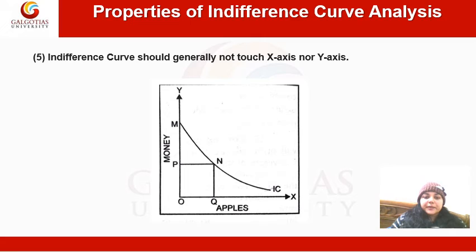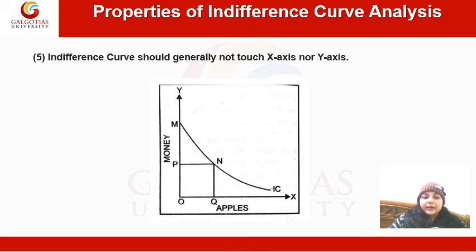The next property of the indifference curve is that it should generally not touch the x-axis or the y-axis. If it is assumed that the consumer buys a combination of two goods, then an IC should touch neither the x-axis nor the y-axis. In case an indifference curve touches either axis, it means that the consumer wants only one commodity, but the IC curve shows combinations of two goods.